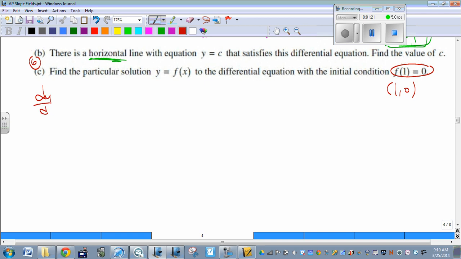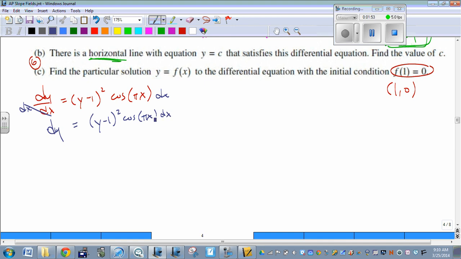So dy dx equals y minus 1 squared times cosine of pi x. We want to figure out what that original equation is. So our first step in doing that is separating the variables. Right? Get the y on the side with the dy, x on the side with the dx. So we're going to multiply both sides by dx. dy equals y minus 1 squared cosine of pi x dx.